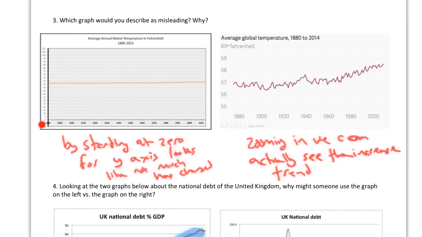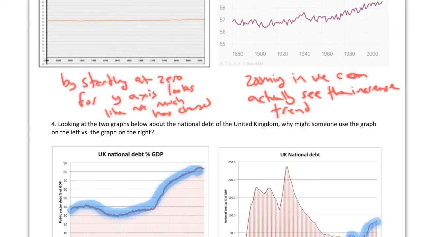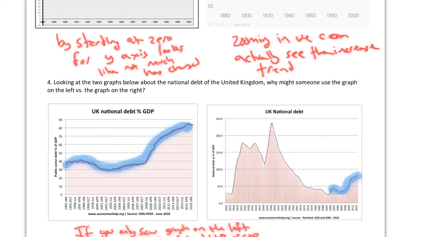But if we take that same data and we zoom in closer to where it is, we can actually see that the temperature's definitely increasing here towards the end from 1960 on. We don't really get to see that in this graph. So this is an example of choosing the graph to show a certain message, maybe.